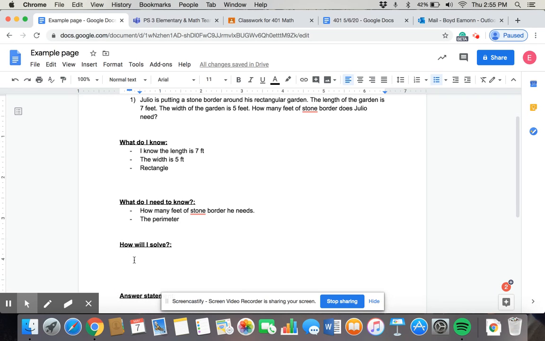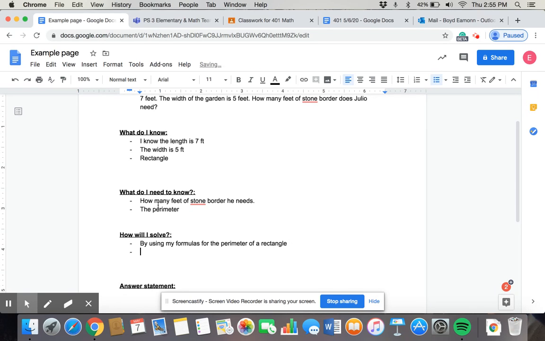Now I need to think, how am I going to solve this problem? I'm going to solve the problem by using my formulas for the perimeter of a rectangle. We have two formulas. I'm going to list them both right here. You only need to do one of them, but I'm going to do both just to show you how you could do both.